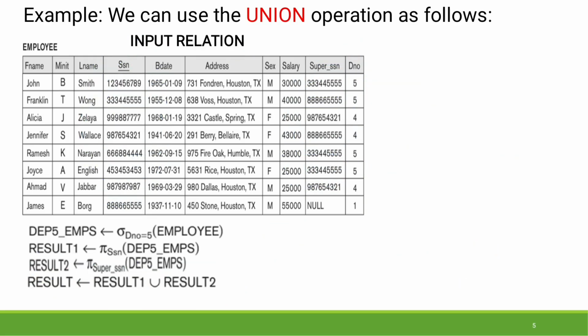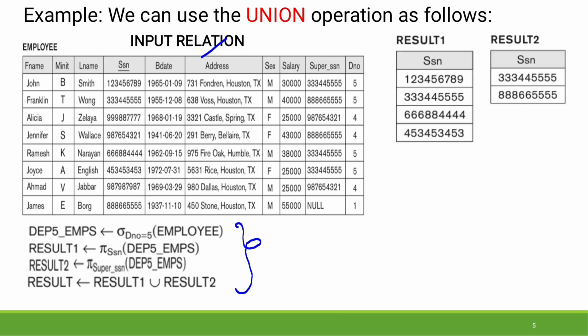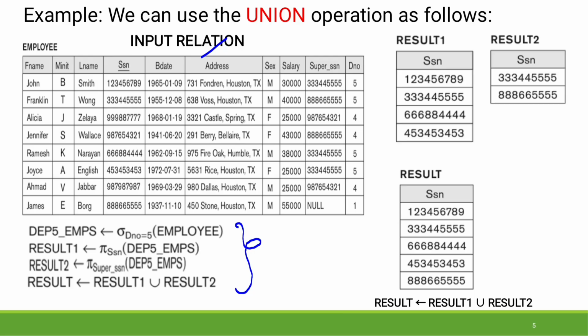Okay. So from this input relation and these 4 steps, we have result 1, result 2 and union of the both, which will be having the SSNs of all the employees belonging to department number 5 working either as employees or as supervisors.